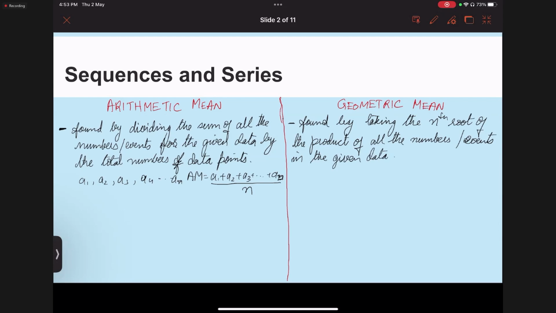You can see there's a stark difference in how the arithmetic mean and the geometric mean are calculated.